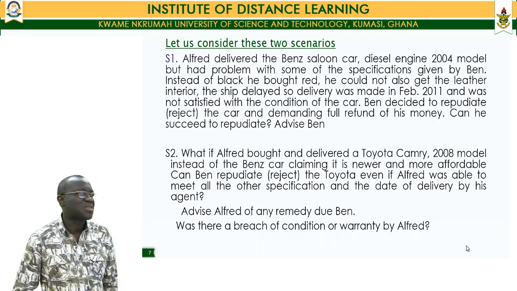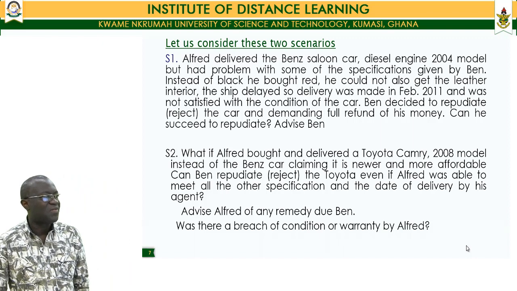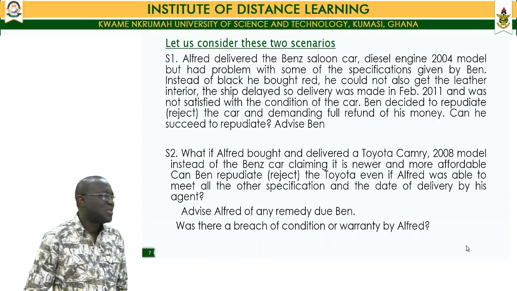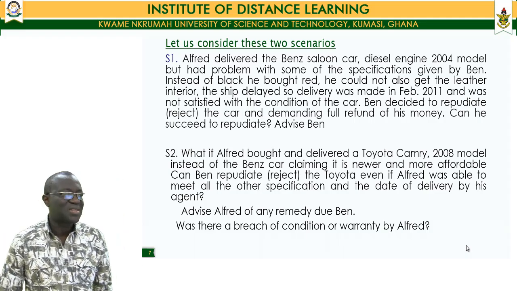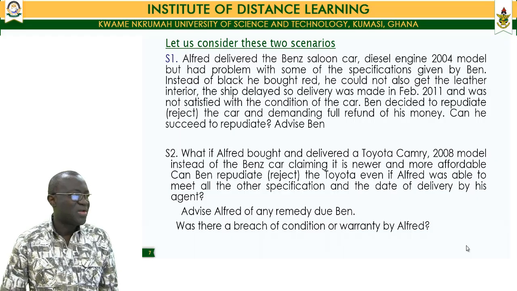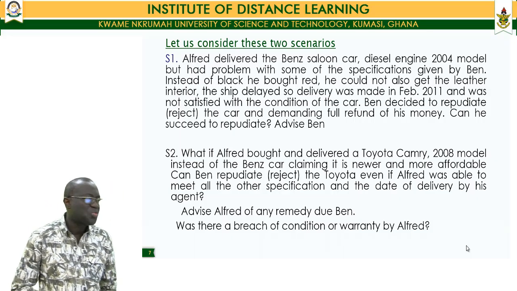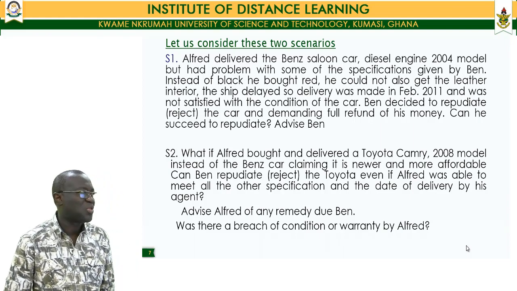So we can look at some scenarios to explain this further, and I've provided some scenarios concerning two people who were contracting over the sale of a car. Let's see where there is a major breach, which is a condition, and a minor one, and the differences between the two.